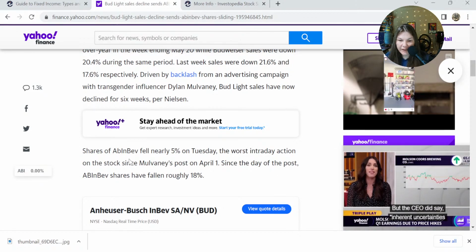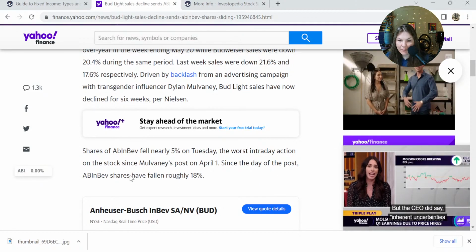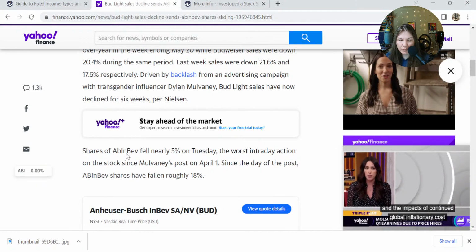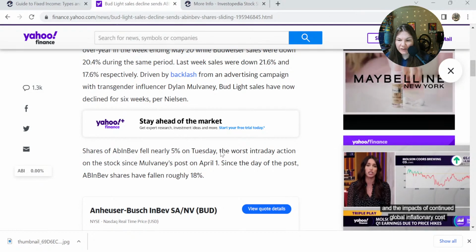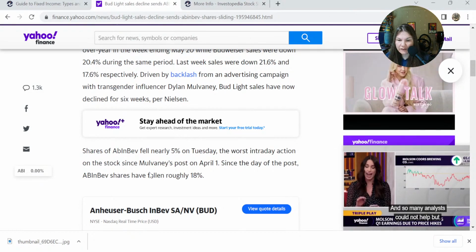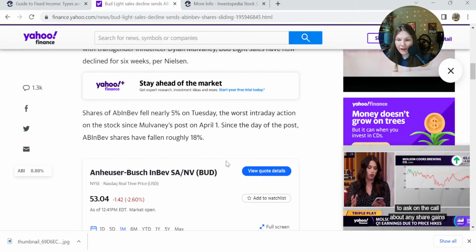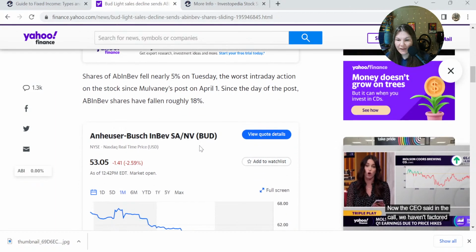Shares in A-B, which is Anheuser-Busch, fell nearly 5% on Tuesday, the worst intraday action on the stock market since the April 1st post of the Dylan Mulvaney thing. Since the day of the post, shares have fallen roughly 18%.